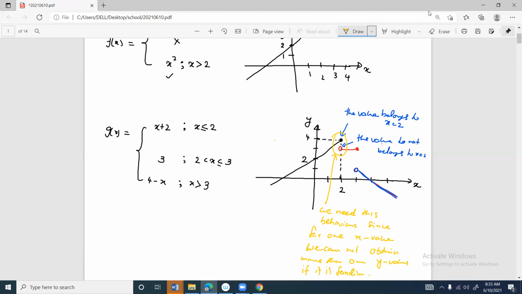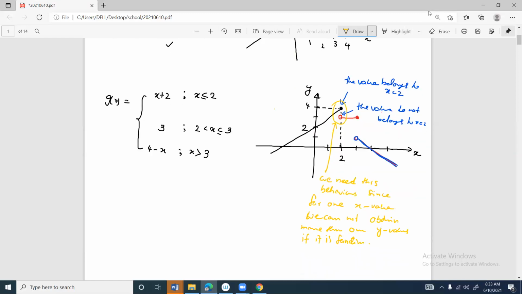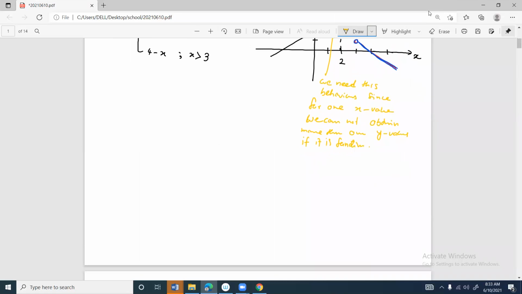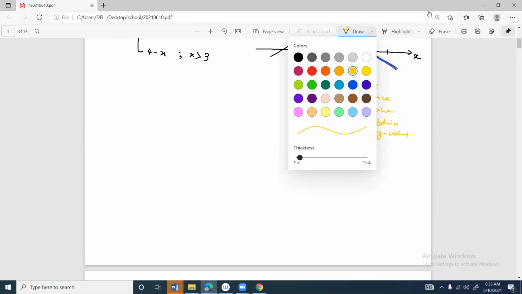If it is a function, that is a property. Under that property, you cannot say it like this. Okay, we'll go ahead with another example and try to make it much clearer.